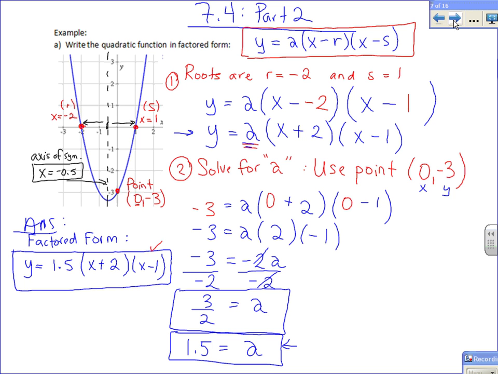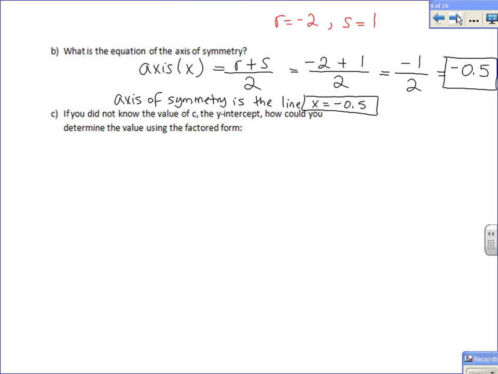Finally, the last question, C, says, if I didn't know the value of C, imagine that I didn't have a graph. I do have a graph, and I could look at that graph and see clearly where that parabola crosses the y-axis. I can see the y-intercept.